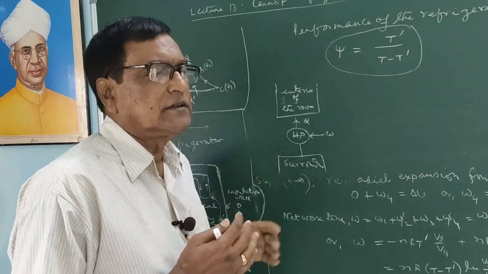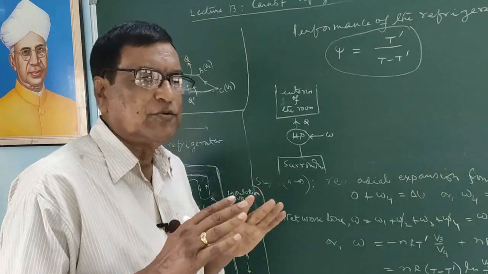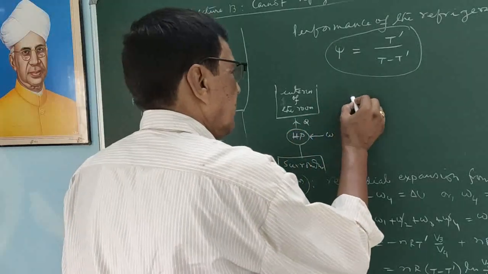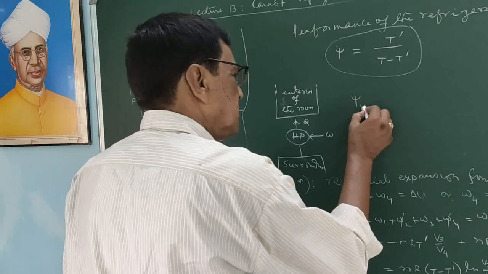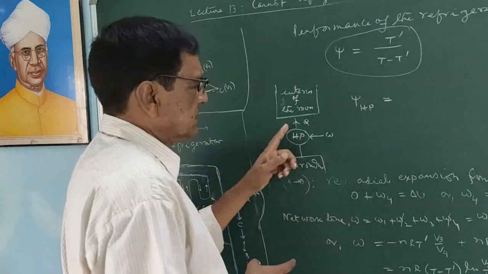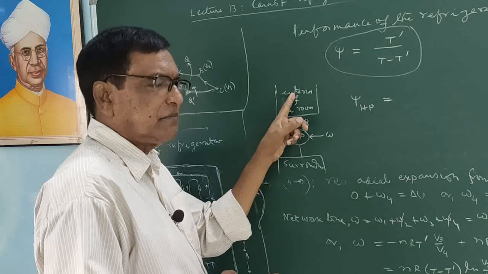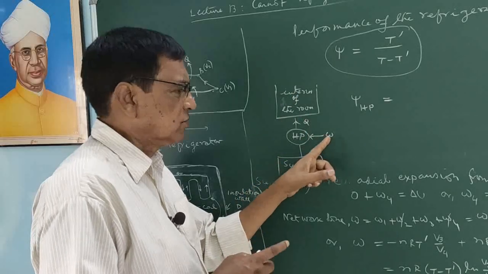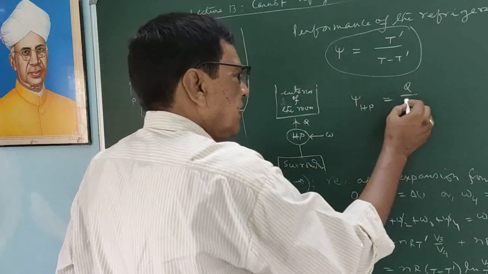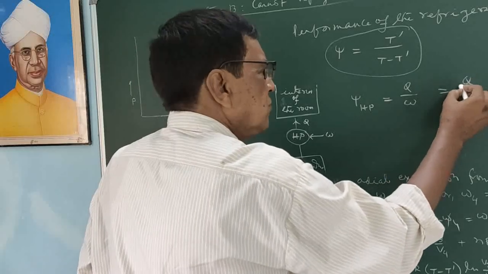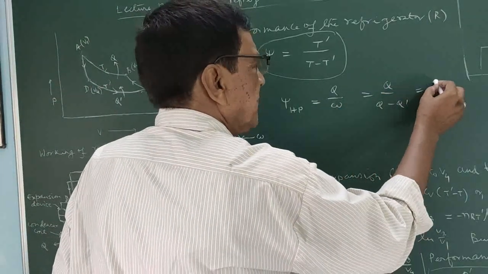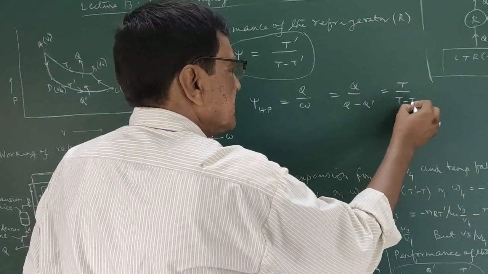It is usually done whenever you like to warm a room, so the performance of this heat pump equals naturally how much heat is thrown to this interior by this amount of work applied. So this is the input, this is output. So here Q divided by W. So it is Q divided by Q minus Q dash. So in terms of temperature, it is T divided by T minus T dash.